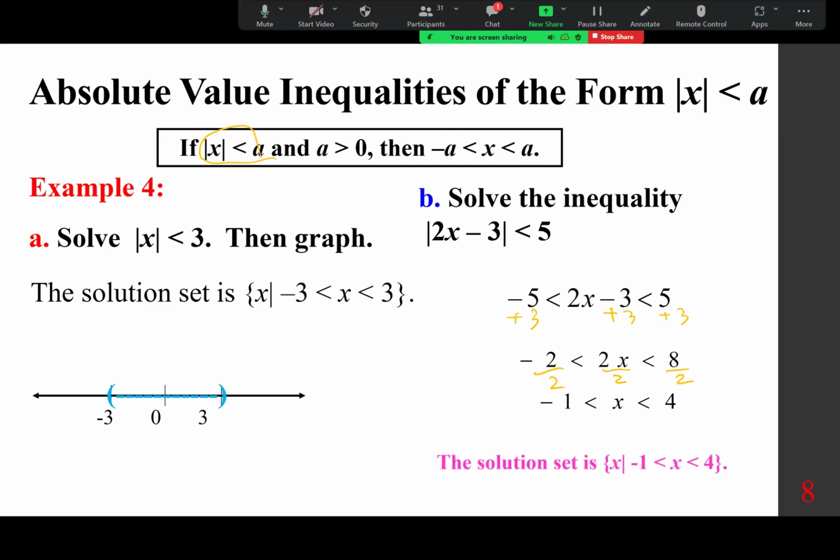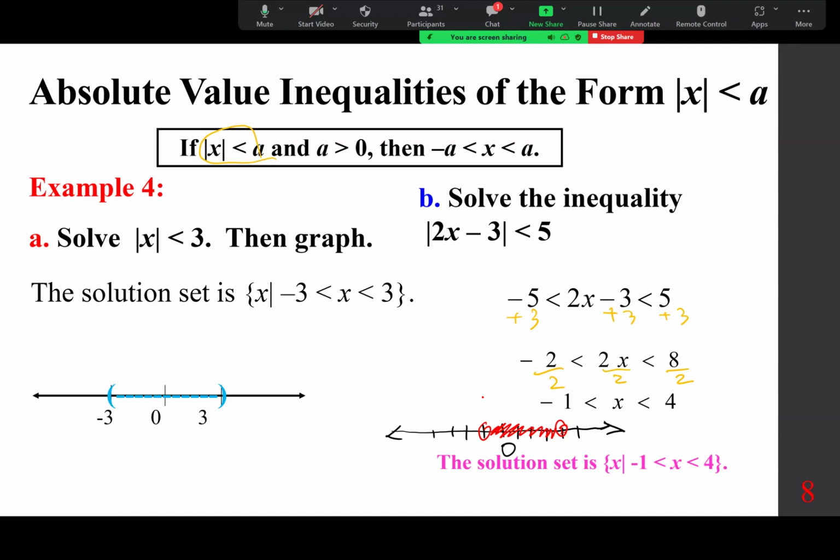So that is the solution set. X is between -1 and +4. If we were to graph this on a number line, and this is 0, we would say -1, we put a hole here, 1, 2, 3, 4, we put a hole here and everything in between.